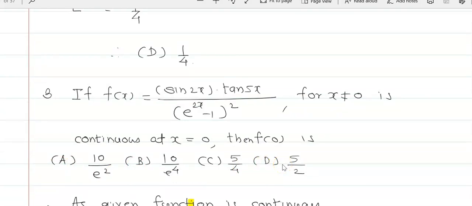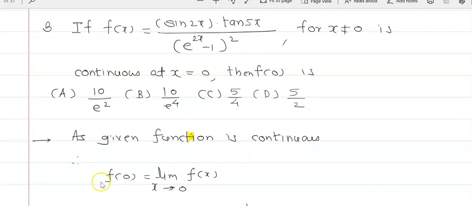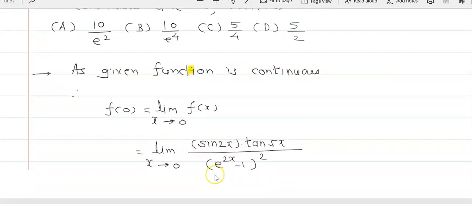Now my job is to find the limit of the given function. That is, f of 0 is equal to limit x tends to 0 of f of x, which is limit x tends to 0 of sin of 2x into tan of 5x upon (e raised to 2x minus 1) whole square.